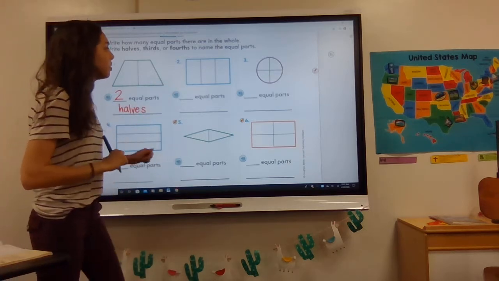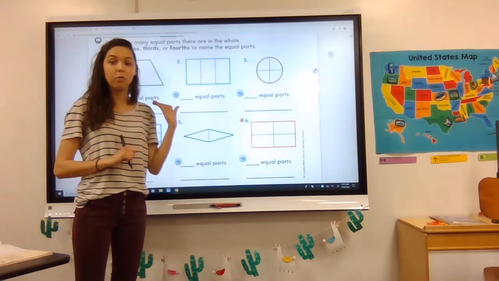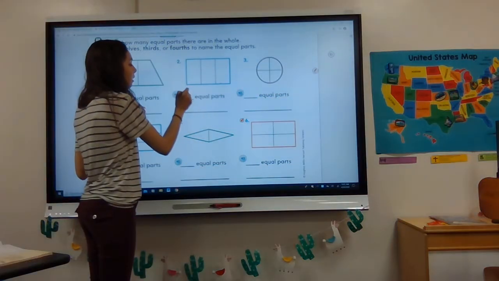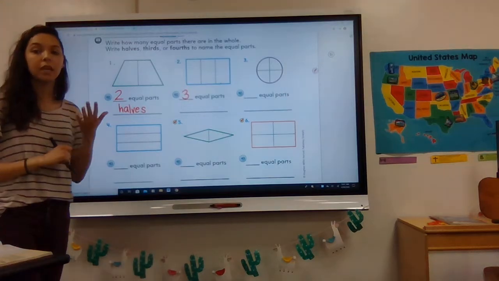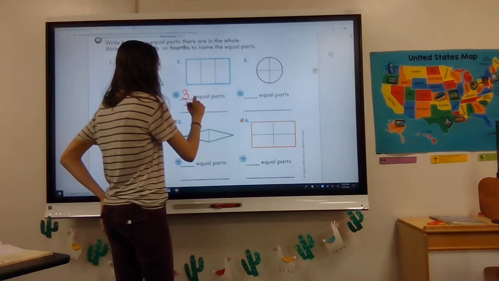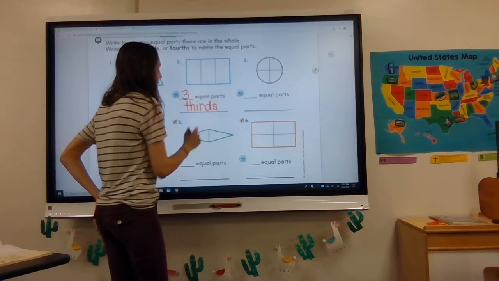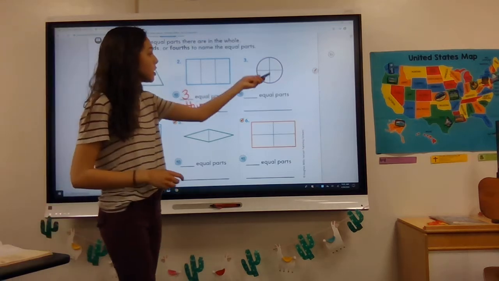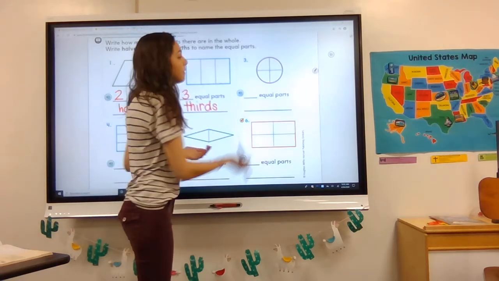Now if I look at number 2, I have my shape and I've divided it into how many equal parts? 1, 2, 3. 3 equal parts, 3 thirds. All right, number 3, I take my shape and I've divided it into equal parts again. Each part is equal.